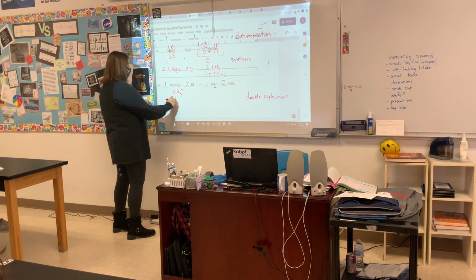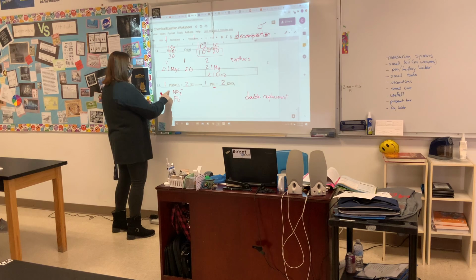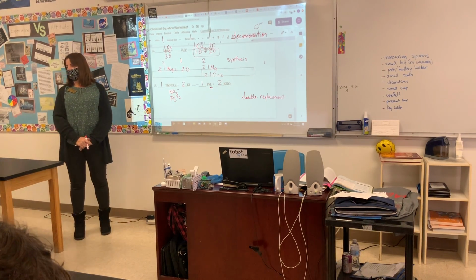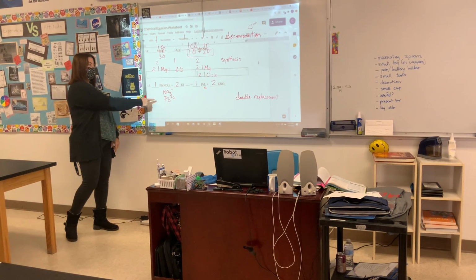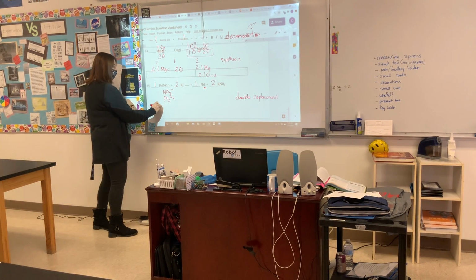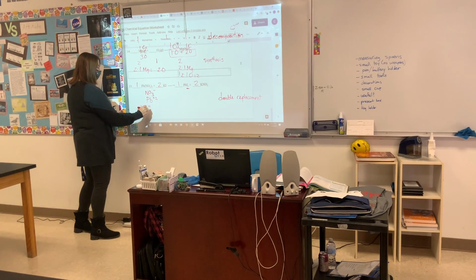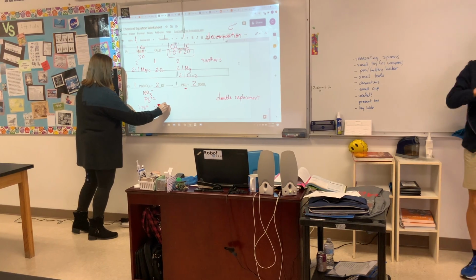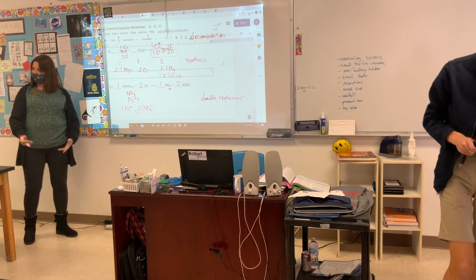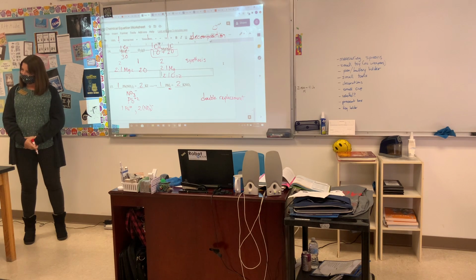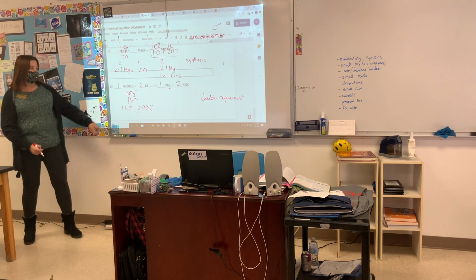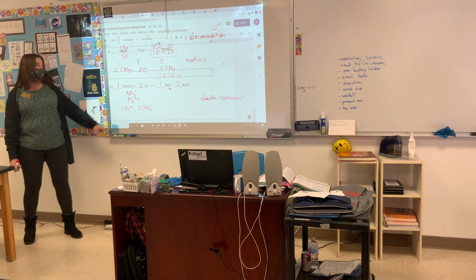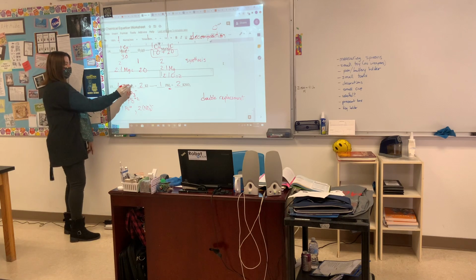And I also know by looking up lead nitrate that this Pb was really a +2 charge. And so the only way that these two can combine is I needed 1 of this, and I needed 2 of the NO3 that had that -1, because I have to balance the charges. So 1 of the NO3 is not enough to combine with the Pb. I needed 2 of those. And that's how I end up with this right here.